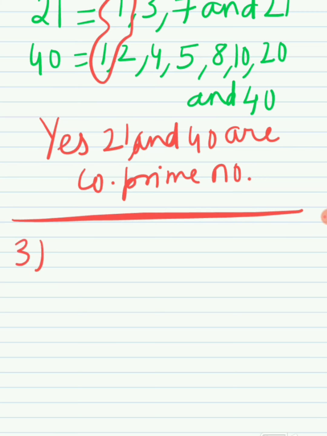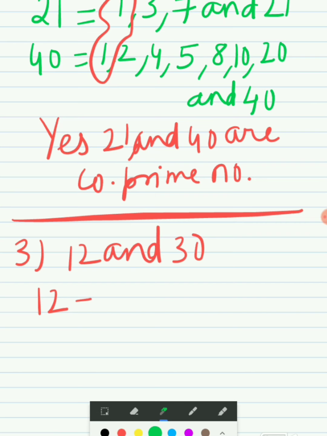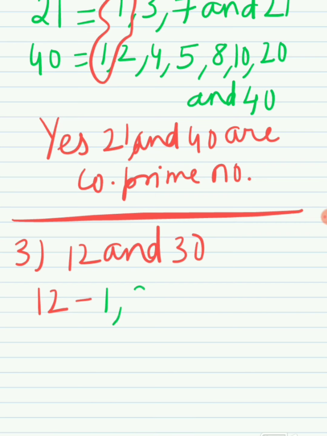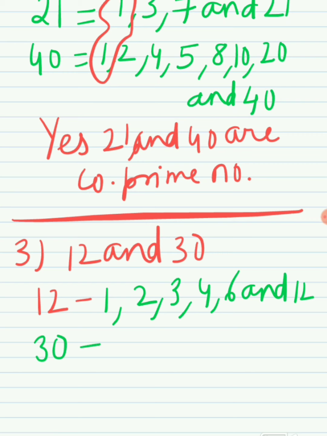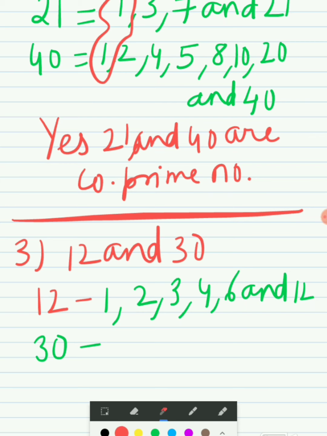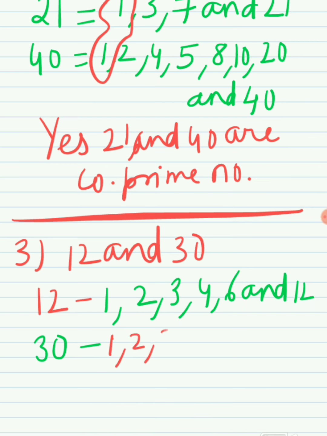Third example, we can take 12 and 30. So we have to write down the factors of 12. You know that in the 1 table, 2 table, 3 table, 4 table, 6 table and 12 table it is coming. The same way we have to find the factors of 30. The factors of 30 are 1, 2, 3, 5, 6, 10, 15 and 30.